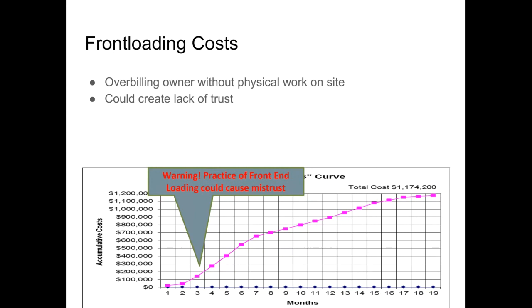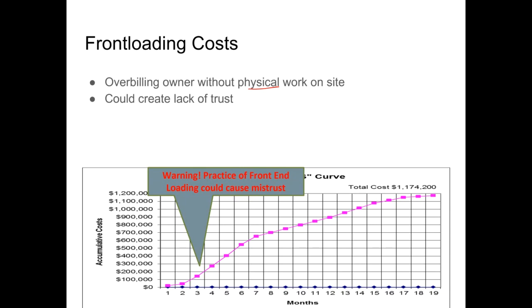Now, over here, we see some practices being used by contractors, which create some mistrust. Sometimes contractors overbill the owners without the physical work on site, and this practice is called front loading, where the contractors invoice for work which has not yet been delivered.